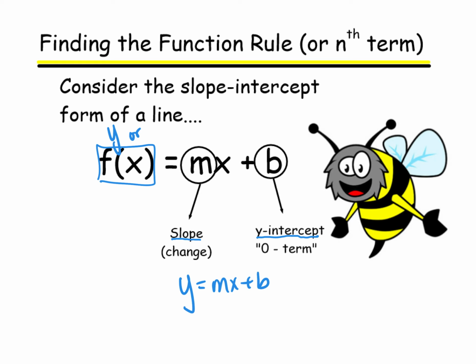Okay, so the slope of a line is how the line changes over time, right? So slope is how the numbers change. Well, we saw that last sequence, it was changing by 7 every single time. That's our slope. Then we want to find the y-intercept. Another name for the y-intercept is the 0 term, and that's going to be pretty important here in a second.